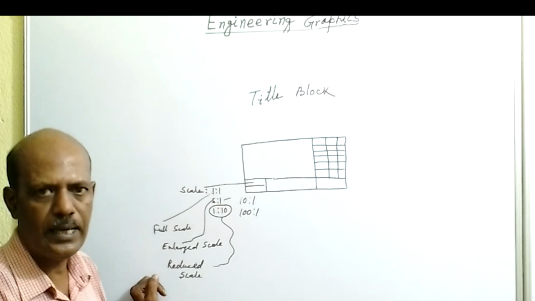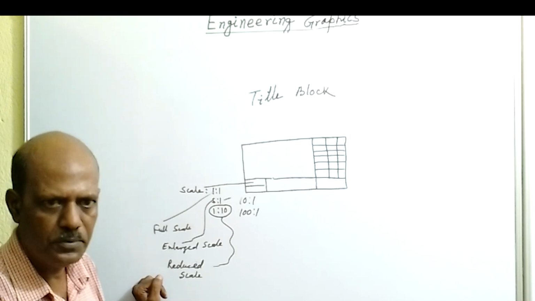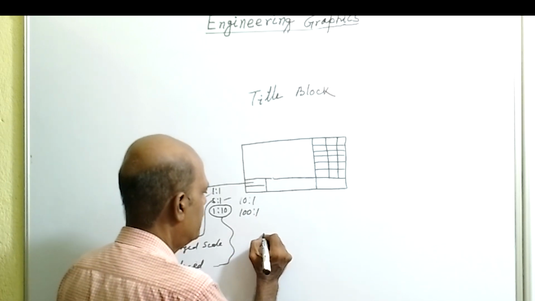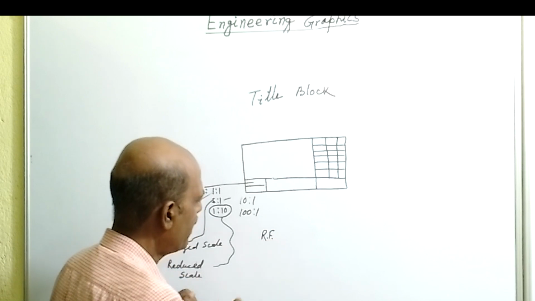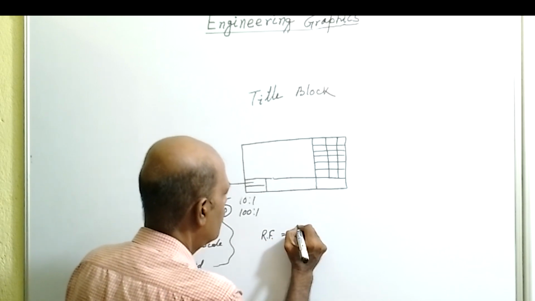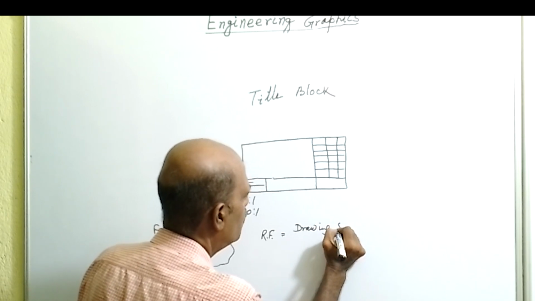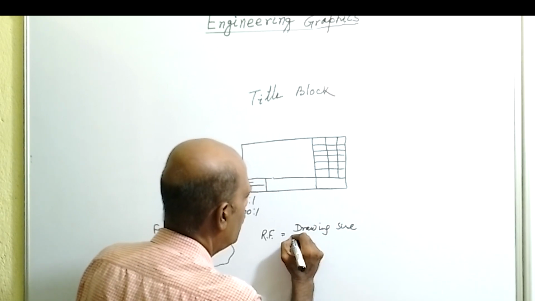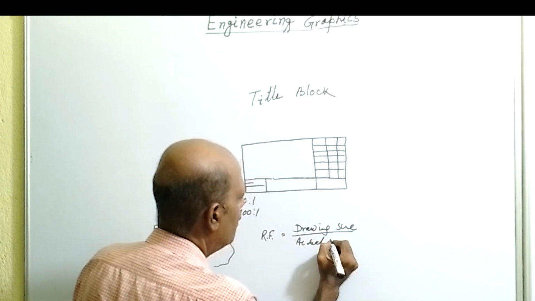So what is scale? Scale is the ratio of drawing size to object size, or it is given in terms of RF, that is representation fraction, equal to drawing size to actual size of the object.